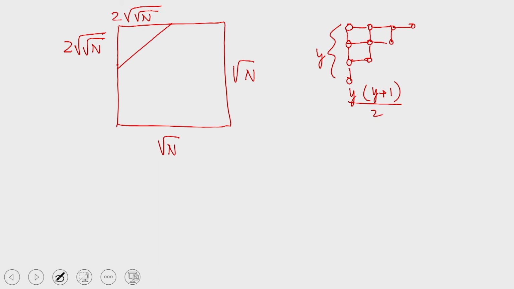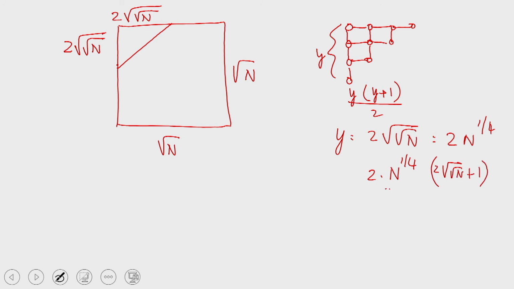So, if y equals twice square root of root n, which is twice n power 1 by 4, then twice n power 1 by 4 into twice n power 1 by 4 plus 1 divided by 2 is approximately 2 root n. Let us say this quantity is k. This is approximately 2 root n. So, there are k processors within this triangle, and in the remaining we have n minus k processors.